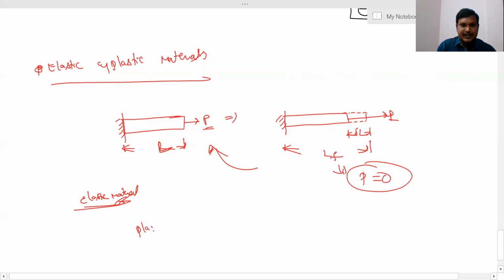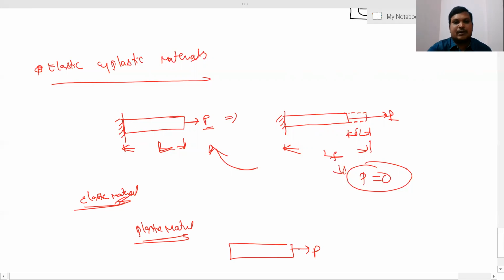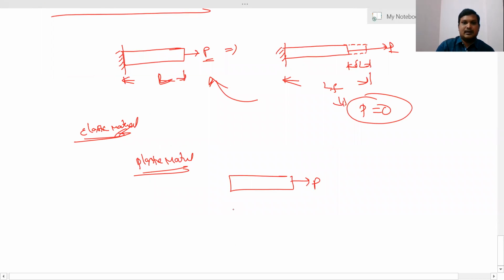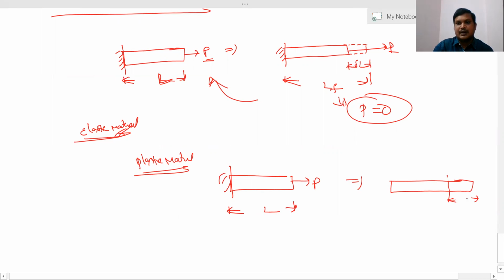Next, plastic material. Plastic material means I'm taking a material, I'm applying the load, and definitely there will be deformation. This is the original length L. After applying the load, deformation takes place, this is a deformation delta L. Is it clear?